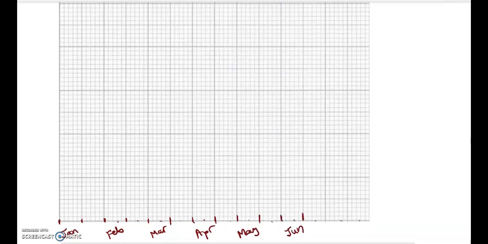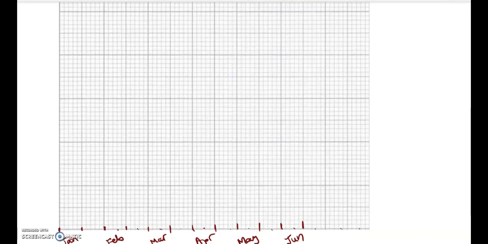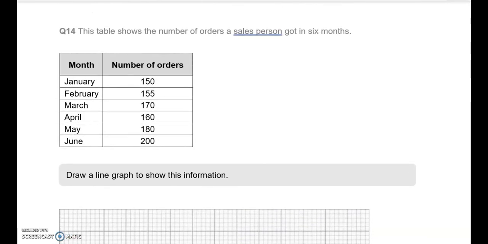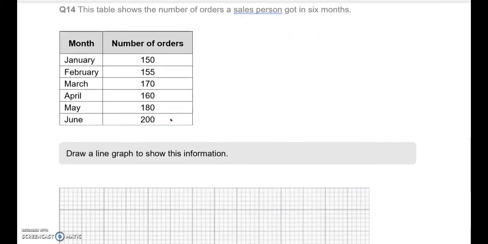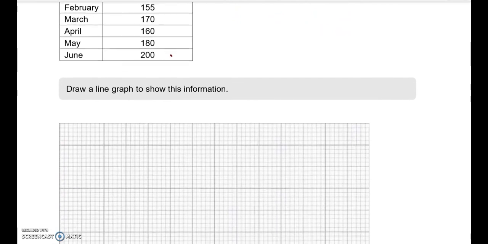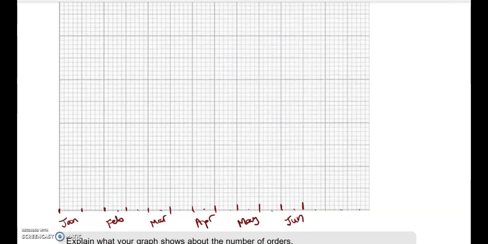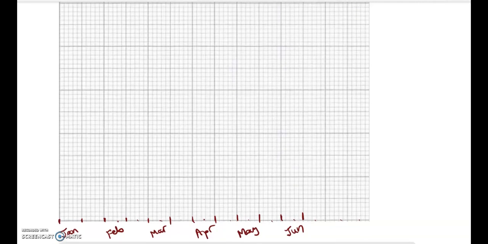Now we'll need to decide what scale we use vertically. So we'll have a look at what's the highest number in the table, and that is 200. So we need to make sure we've got enough space to fit 200 in.